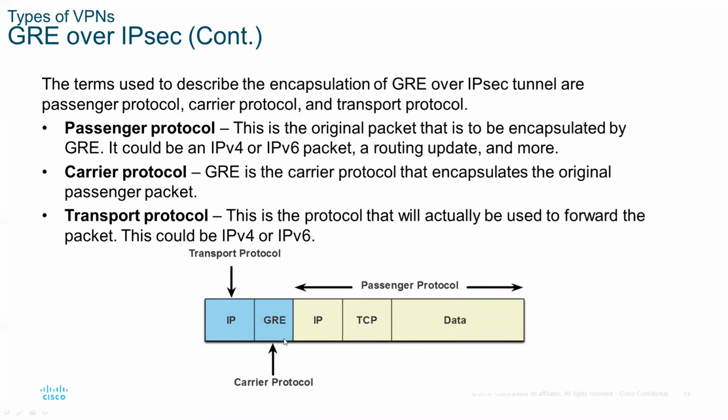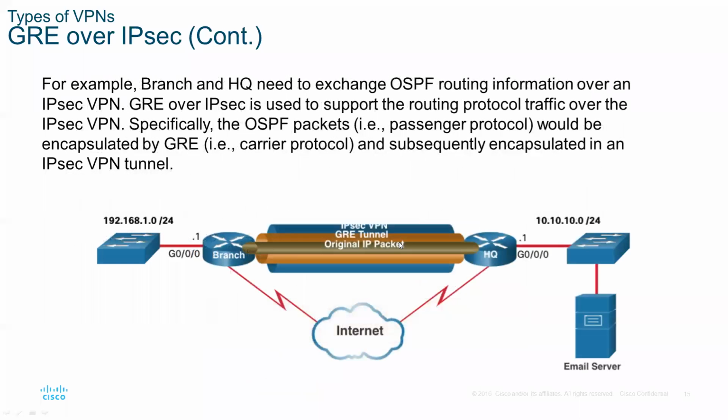It's encapsulated in GRE, being the carrier protocol, and then the IPSec being the transport protocol. That's what this slide is showing us. So as you can see, we have a tunnel, and our traffic, so that OSPF packet is protected by two VPNs between the branch and HQ.